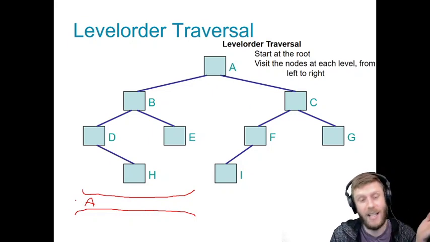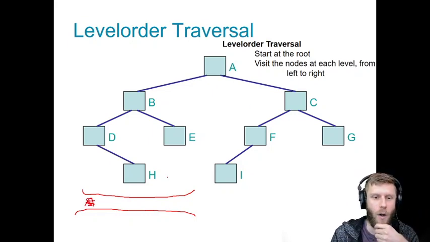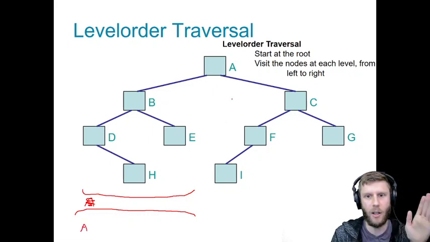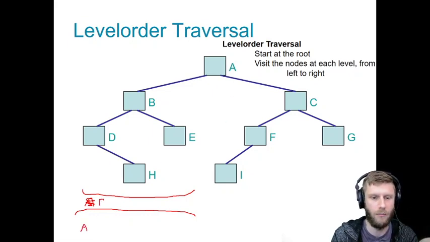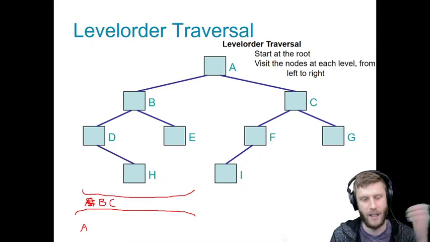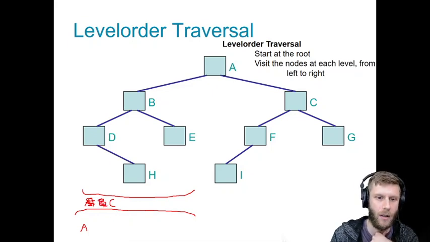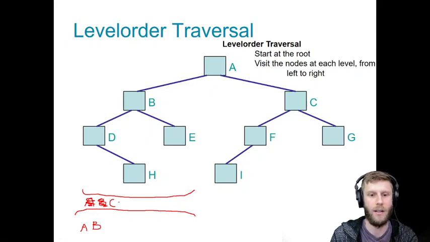Now I dequeue A, so A is not here anymore. I print it out, and then enqueue A's left child, then A's right child. Great. Repeat. Dequeue B. Print it out. Add its left child. Add its right child.